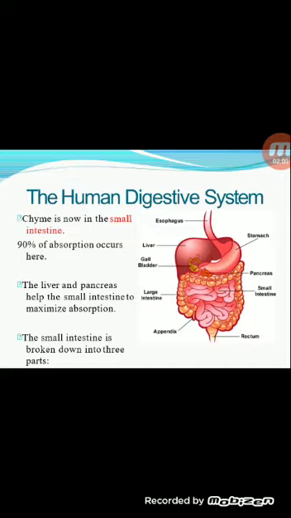Yes, the first part is mouth, and then food pipe, and then stomach. Then the food enters into the small intestine, and then the large intestine, and then the rectum, and then the food comes out. I mean the waste, the undigested food, will come out from the anus.